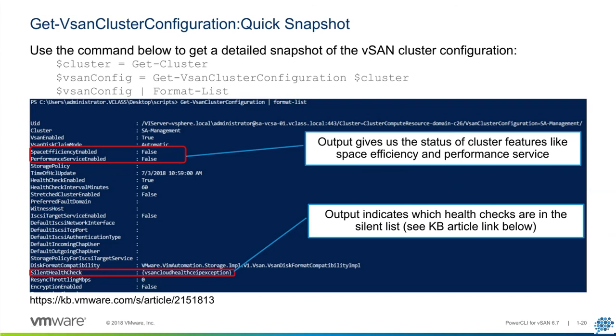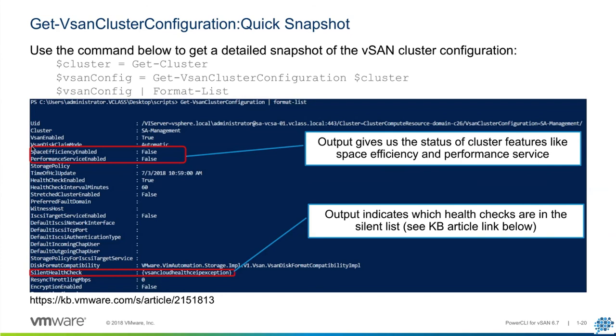So the vSAN configuration is now stored in the vsanConfig variable. If you pipe the vsanConfig variable into Format-List, you will get a complete picture of all the settings related to your vSAN cluster.